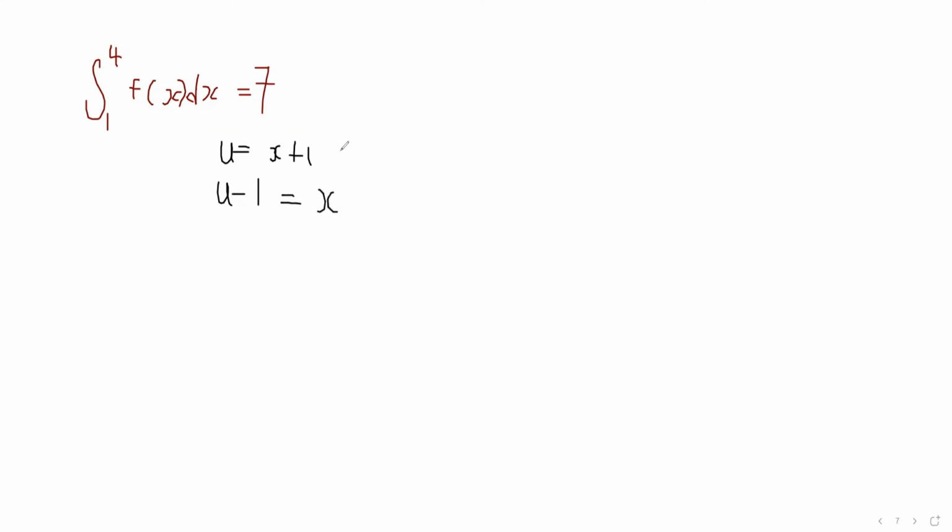When x is equal to 1, if I put 1 right here, 1 plus 1 is 2, but they have a 0. So u minus 1 is x, and if I differentiate it, du is going to be 1 dx.